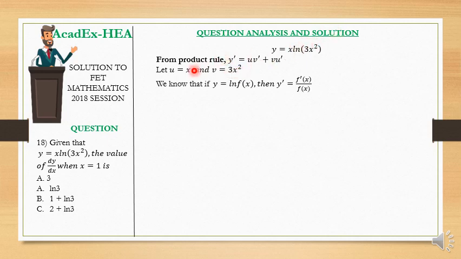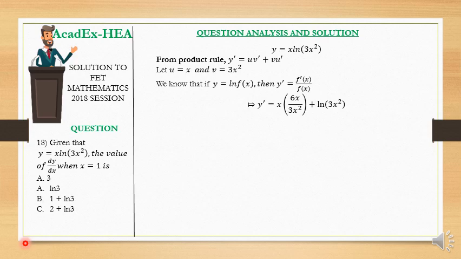We are letting u to be x, and then we are letting v to be the ln of 3x squared. Now we need to differentiate u and also differentiate v, both with respect to x. We know already that if y is equal to the ln of f of x, then y prime, which is dy by dx, will be equal to f prime of x over f of x, which is the derivative of the function divided by the function itself.